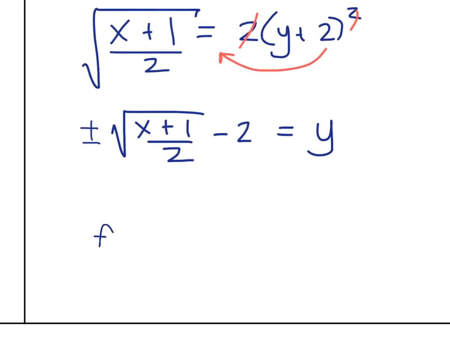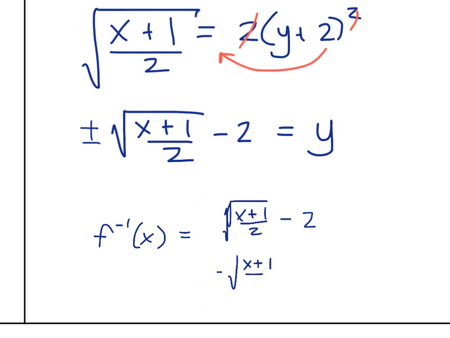So we would write it like this: f inverse of x equals the positive root, which would be like this, the square root of x plus 1 over 2, and that whole thing should be under the square root like that, minus 2. And another root, which looks like this, negative square root of x plus 1 over 2, minus 2, right?